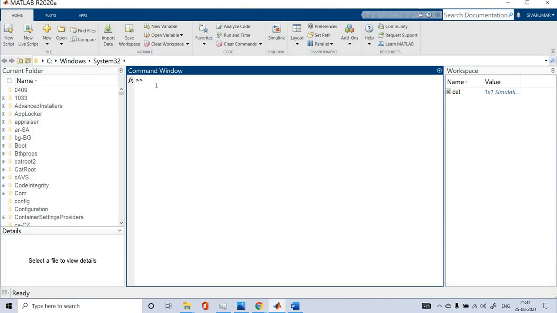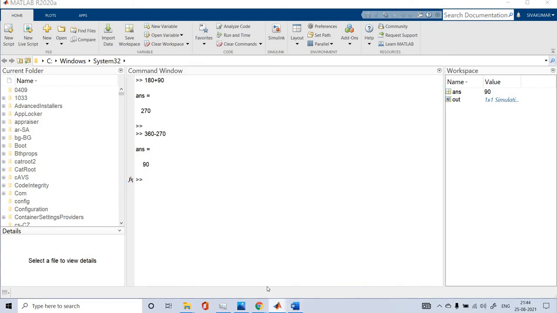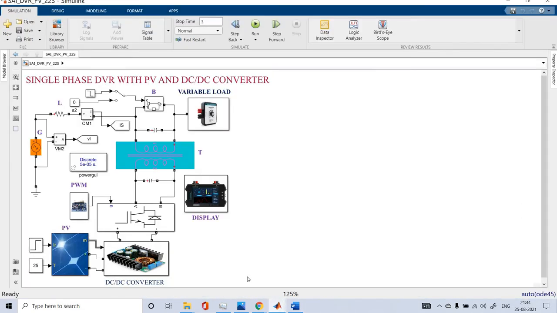The line current is added with 180 degrees for the power reversal plus 90 degrees, so we get 270. Then 360 minus 270 is 90 degrees. So this 90 degree supply is in phase quadrature with the line current. We are going to see that one by one.